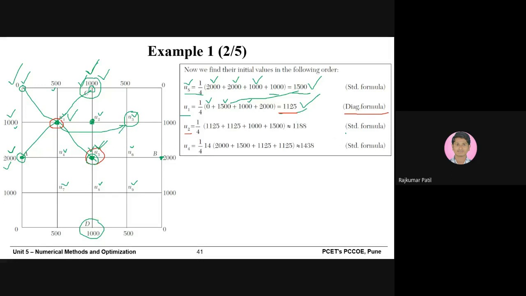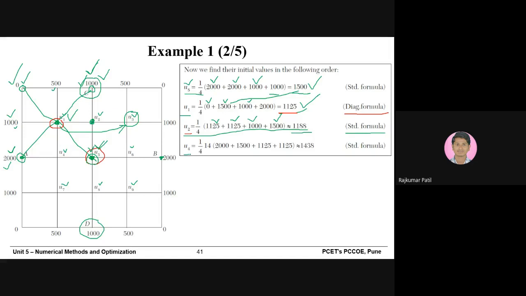So you can use the standard 5-point formula to calculate u2. So u2 is equal to 1 by 4 of 1125 plus 1125 plus 1000 plus 1500, and you will get 1188.